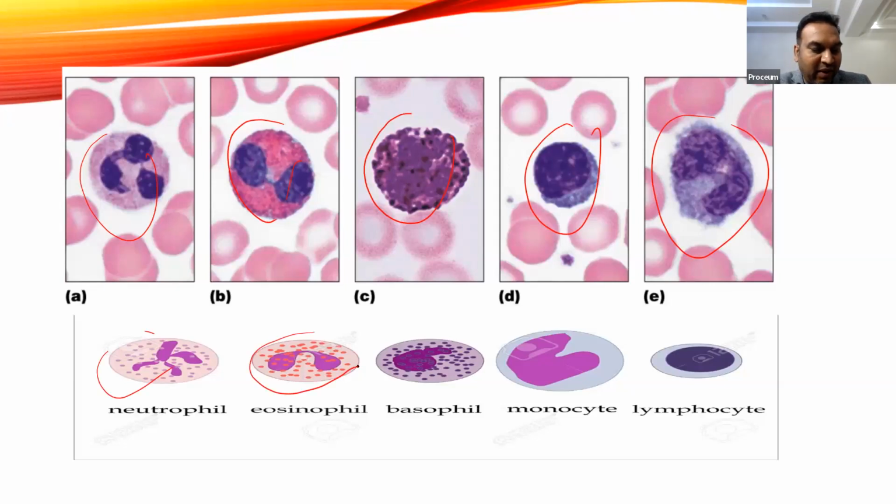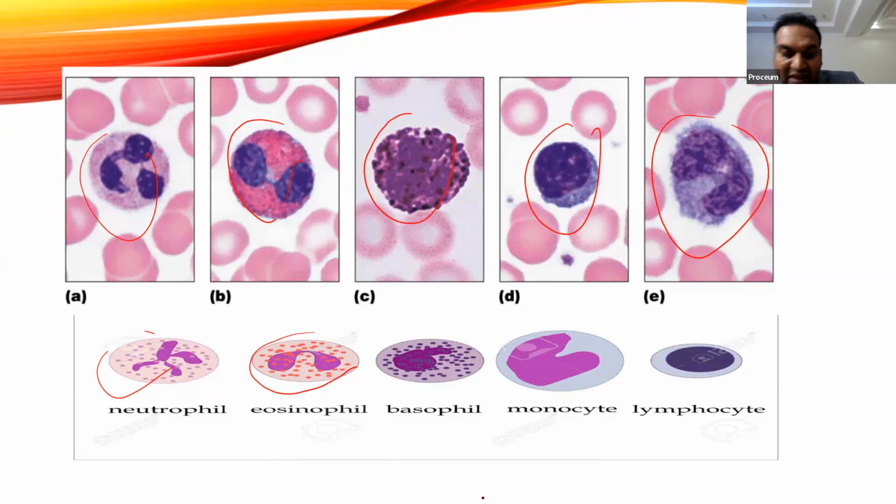You can easily identify its very fine granules and a three-lobed nucleus. If you come to the eosinophil, you can see a bilobed nucleus and bright red colored granules. If you compare the granules between eosinophil and neutrophil, you can see more turbidity in the eosinophil as compared to the neutrophil because of its coarse granules.